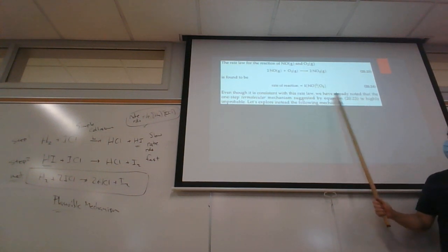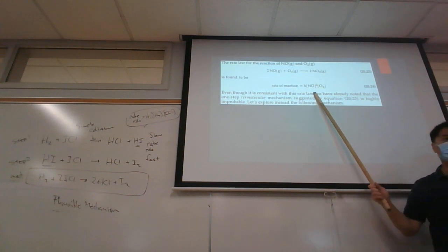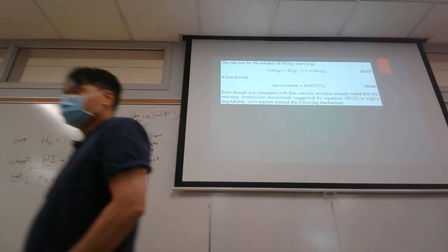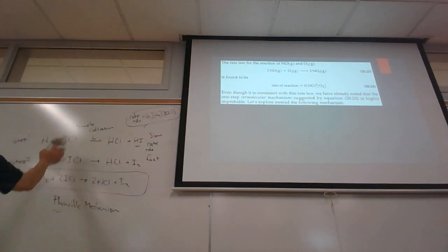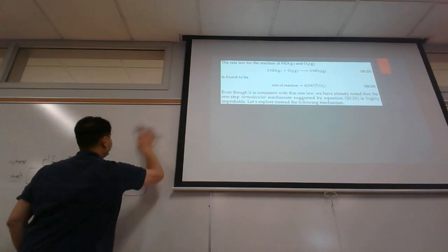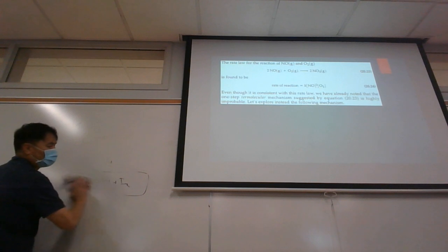That would be highly improbable. It's much more likely that it's a multi-step mechanism that just has this form. And so we just take some guesses as to what forms. What's more common would be a unimolecular or bimolecular. In this case, which one do you want to do, a unimolecular or bimolecular?